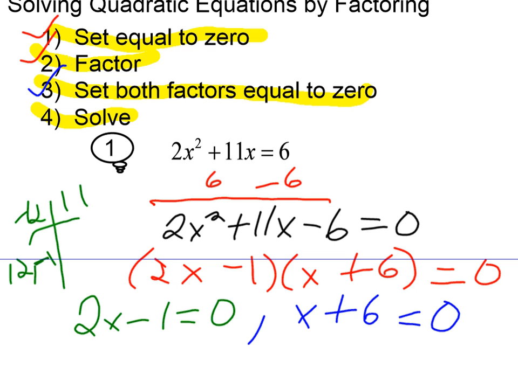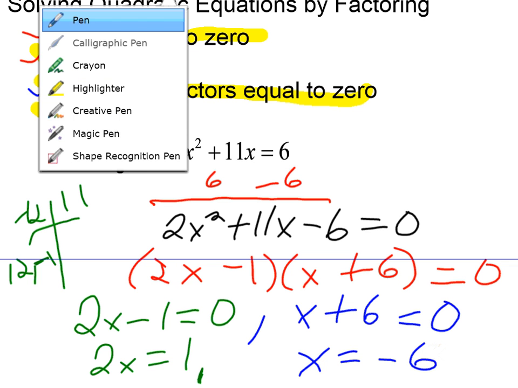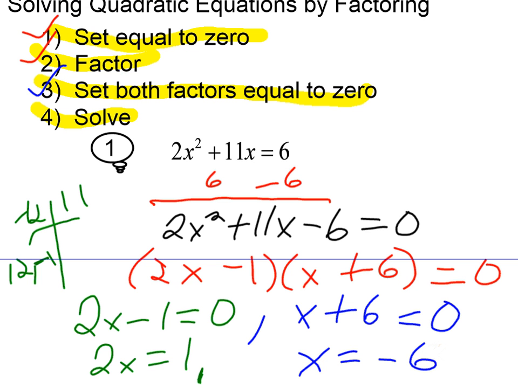I'm going to add 1, divide by 2. That's 1/2. The other equation, I'm going to subtract 6. So this has 2 solutions, x equals 1/2 and x equals negative 6.